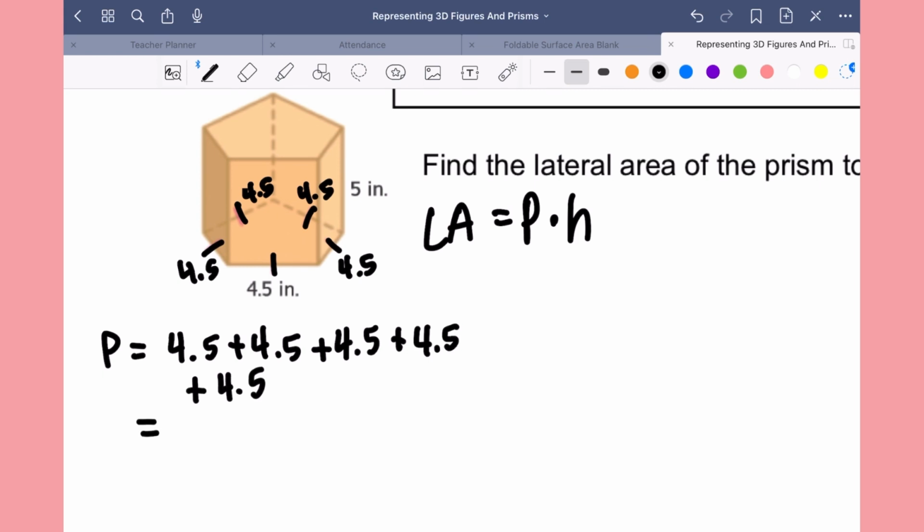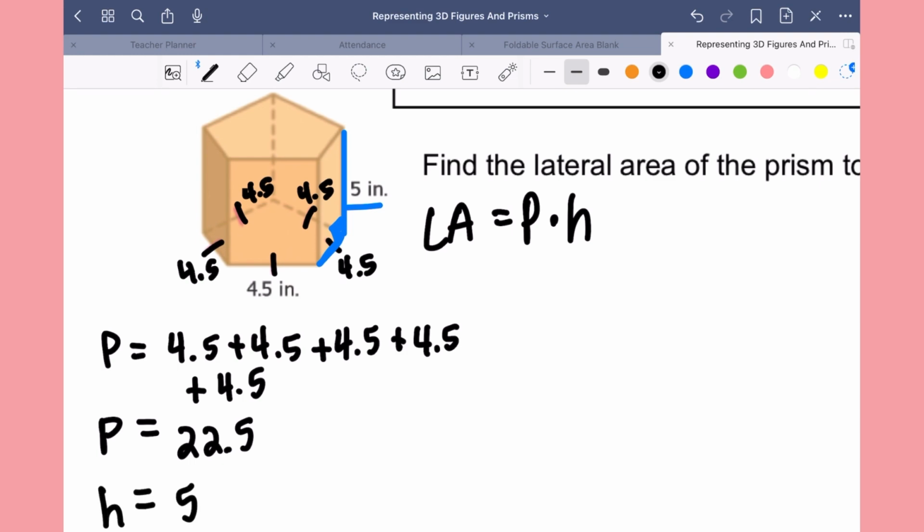So 4.5 added together 5 times is equal to 22.5. Okay, so that's my perimeter. And what is the height that they gave me in this prism, this pentagonal prism? What's the height? Remember, the height is always perpendicular to the base, so that's how I know that it's right here, okay? It is 5. So my height equals 5.